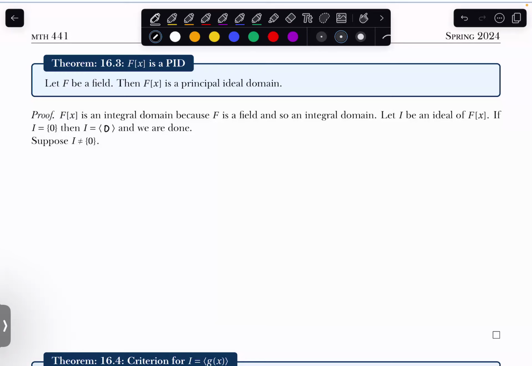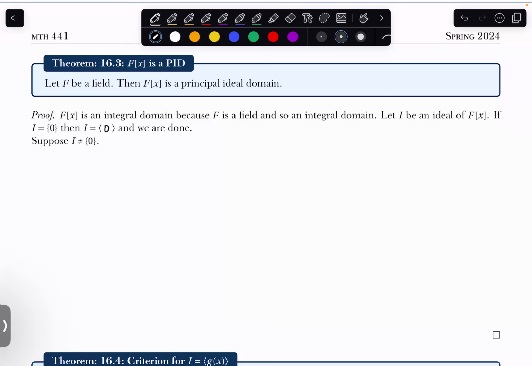In that one, we saw it was generated by zero, and for the other ones, we're going to have to decide what it's going to be generated by. We actually have a lot of options on what it could be, again just determined by the degree of the things that show up in there. Really, we're going to see that one that has the smallest degree, that's not the zero polynomial, is going to be a contender for the generator of that ideal.